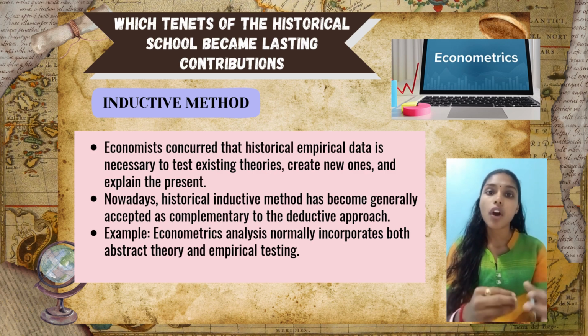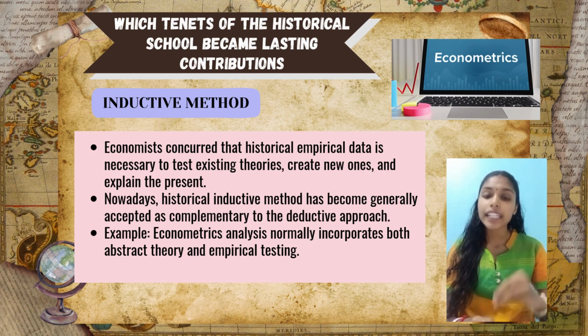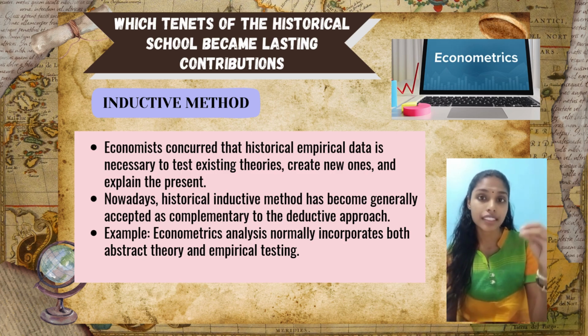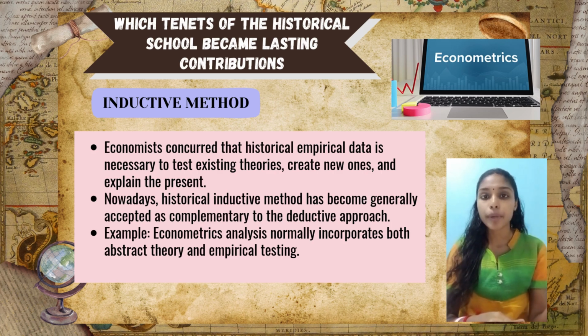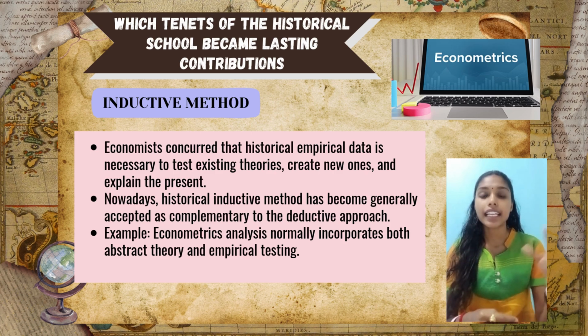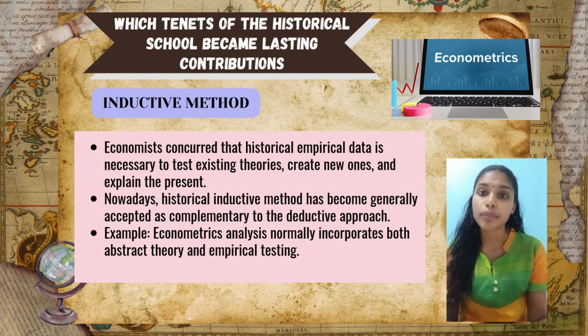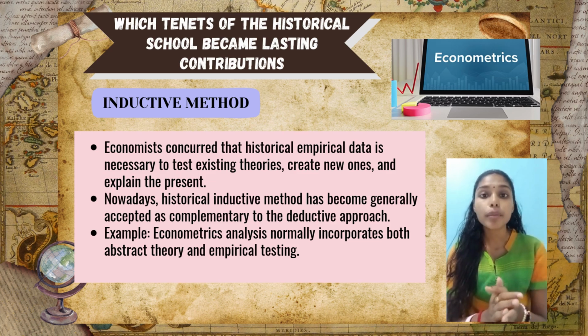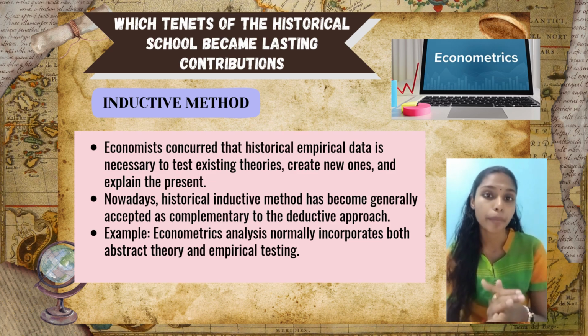This emphasis on empirical research laid the groundwork for modern econometrics and the widespread use of data-driven analysis in economics today. Nowadays, the historical inductive method has become generally accepted as complementary to the deductive approach.